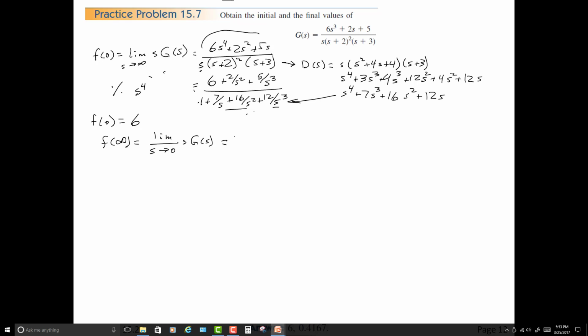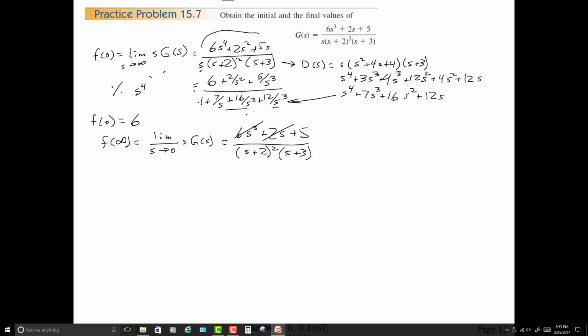So it's going to be 6s cubed plus 2s plus 5. So there's an isolated integer. We like that. Times s plus 2, the quantity squared, times s plus 3. And if we let s go to 0, then this goes to 0.